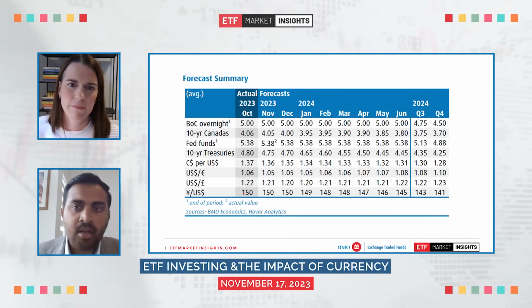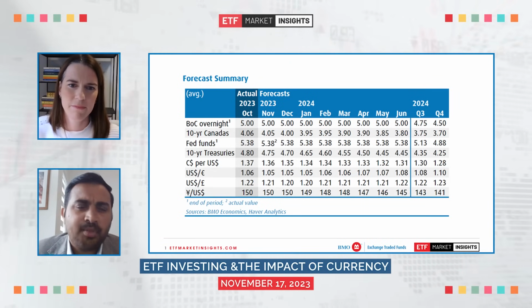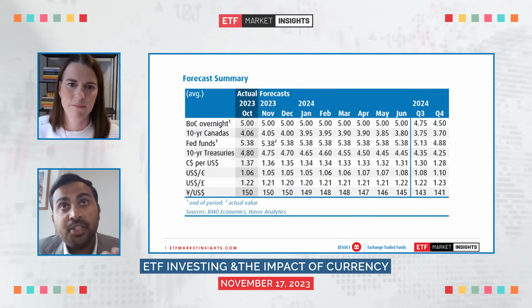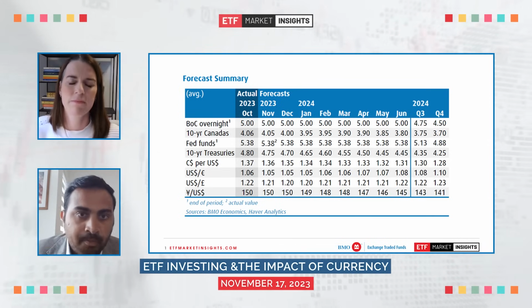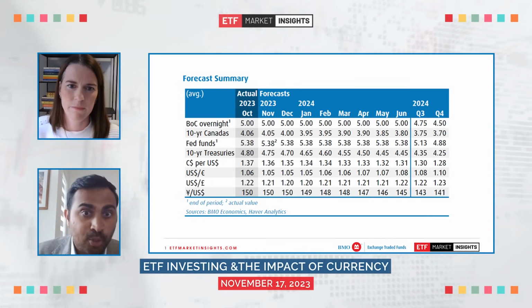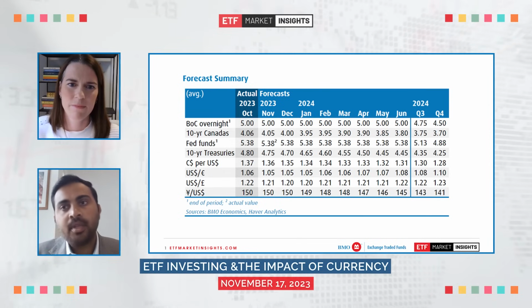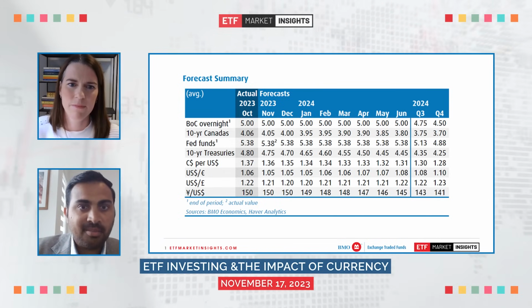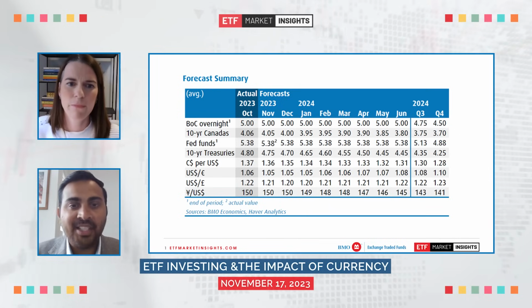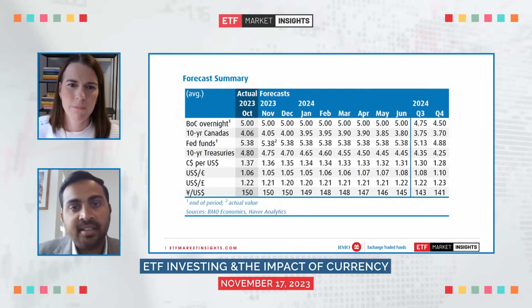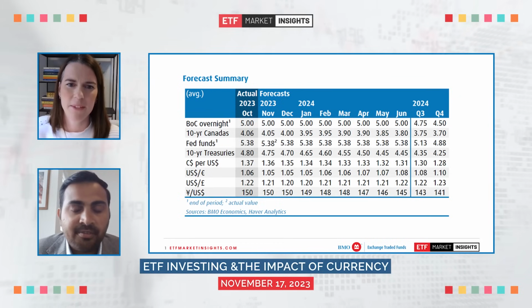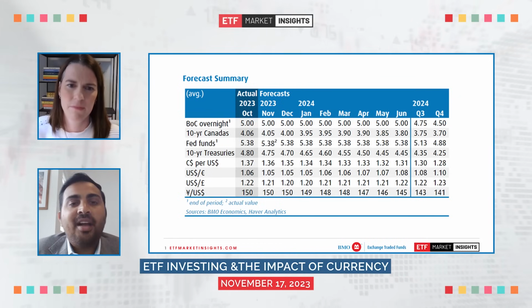We recently saw, I think it was last week, the US come out with their CPI data, which came in much lower than expectation. That's why the Canadian dollar got a bit of its strength back, given that we saw the market pricing in that the Fed won't do any more hikes, given weaker than expected inflation, which is a positive thing.